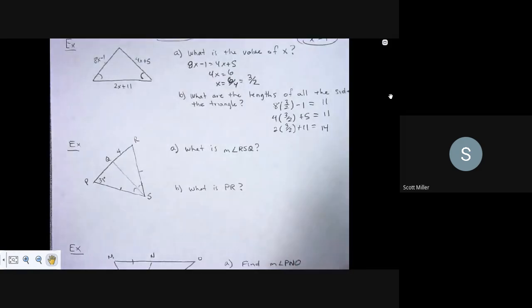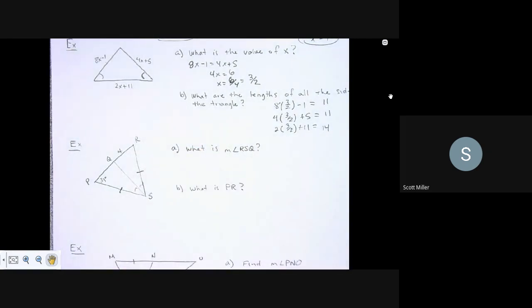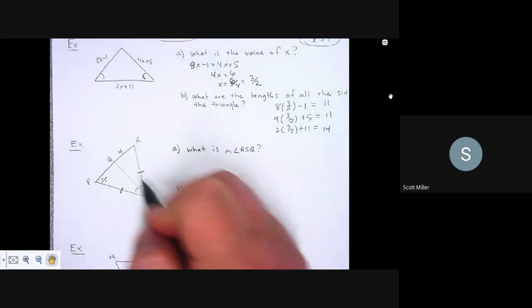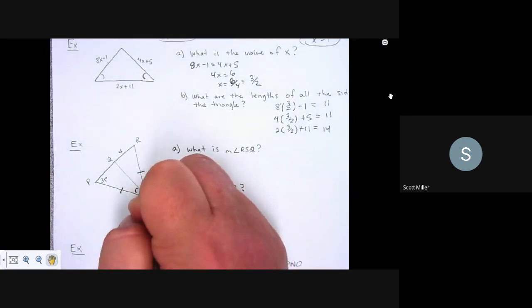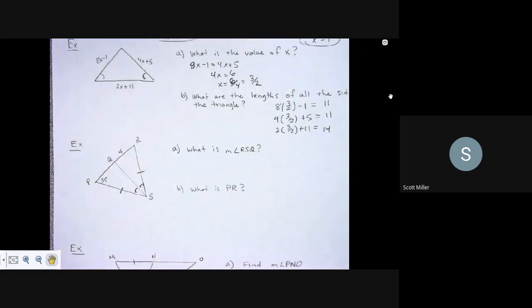In this example right here, what have I shown you? These marks indicate that this is an equilateral triangle. This line right here and these marks right here indicate that these two angles are congruent, which means that line is an angle bisector.